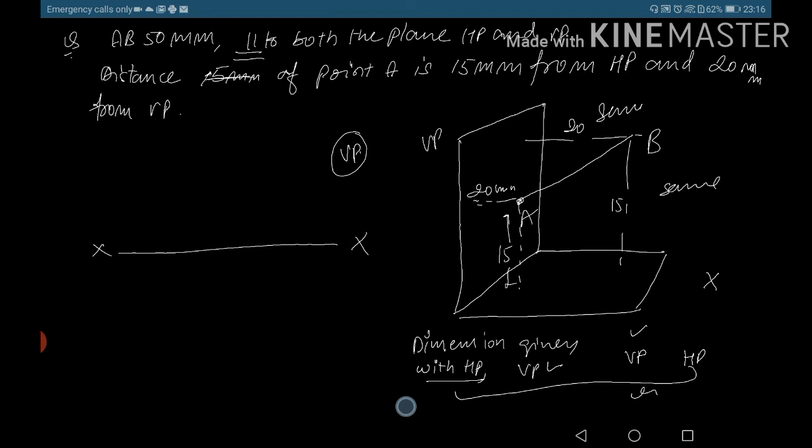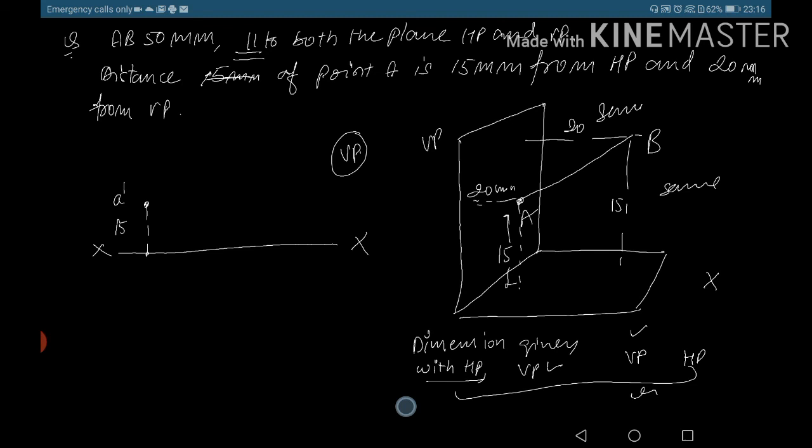ओके, अब मेरे पास HP से कितना, देखिए मुझे VP में ड्रॉ करना है तो मैं HP से डायमेंशन देखने की कोशिश करूँगा. HP से कितना दिया हुआ है? 15. So I will go 15 right from here. Okay, then marking my point A dash. Line will start from here, left side से start करेंगे.